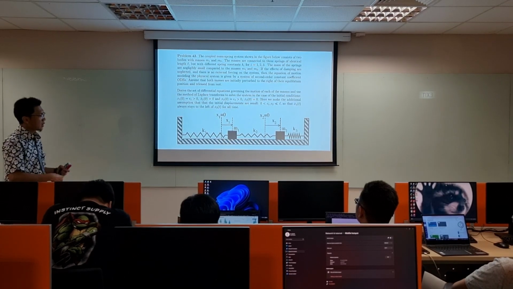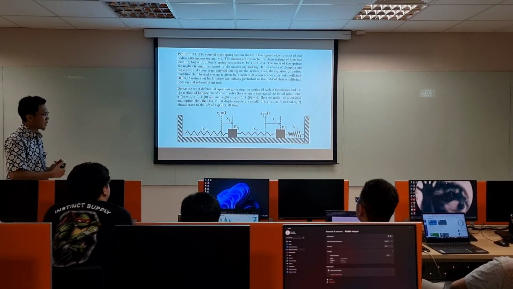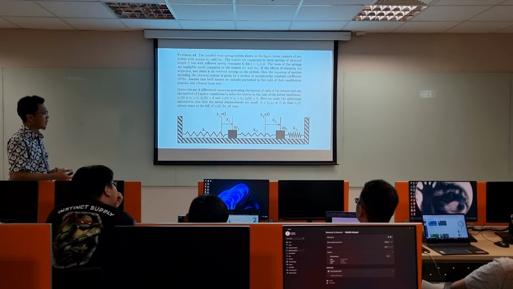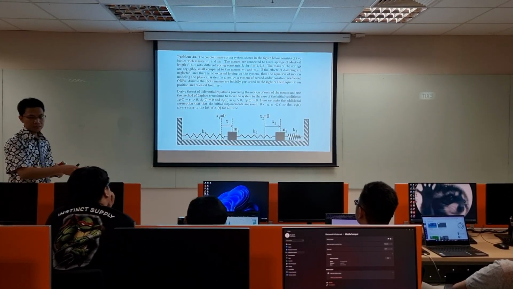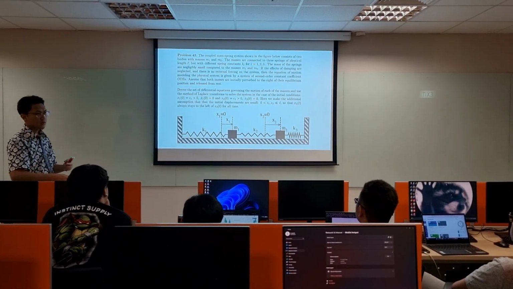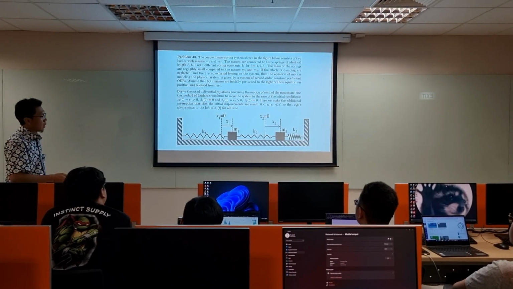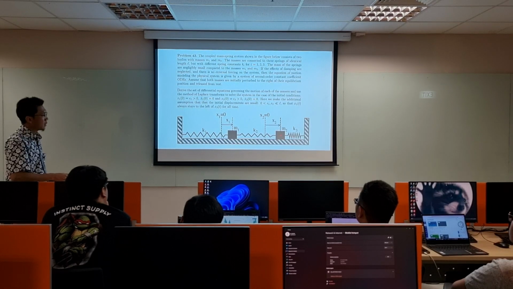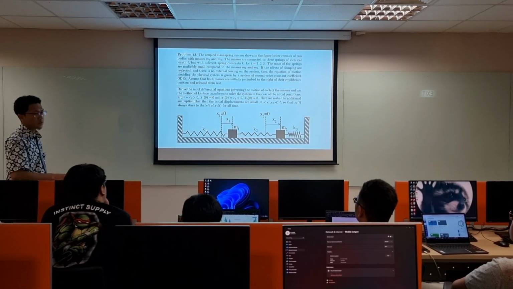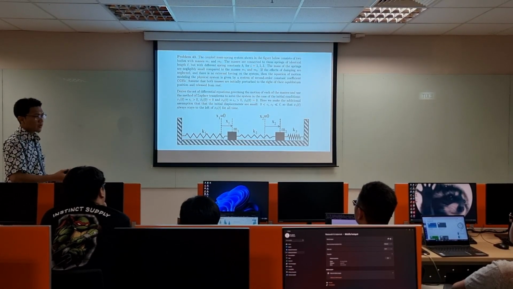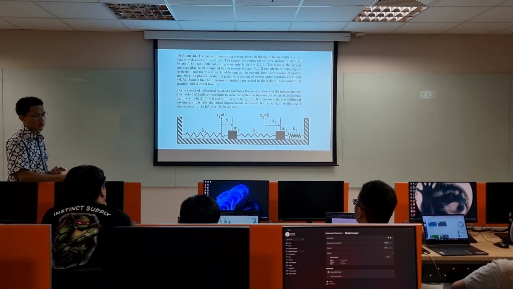That means the problem intentionally says there will be initial displacement of x1 and x2, and we will see that this will be shown in the transfer function later when you convert the ODE into Laplace transform.